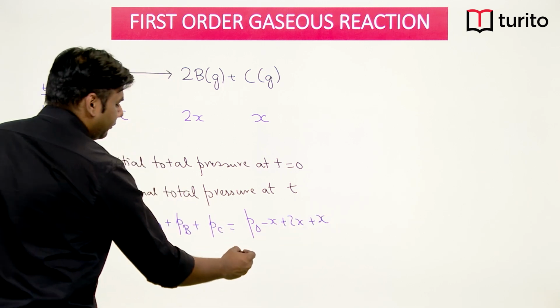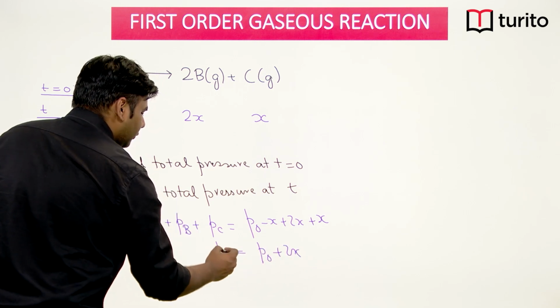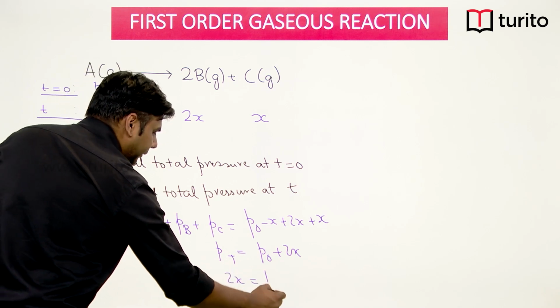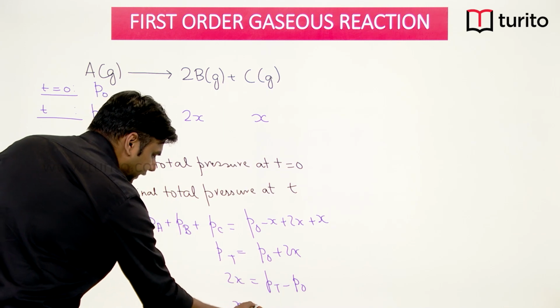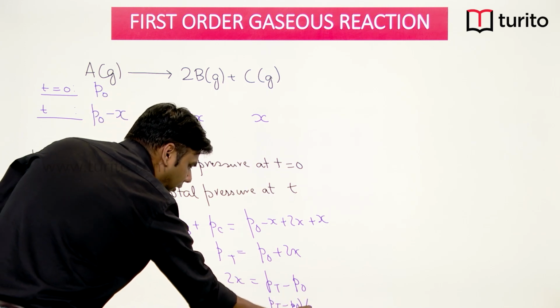So this would be P naught plus 2x. So 2x would be equal to Pt minus P naught, and x in this case would be Pt minus P naught by 2.